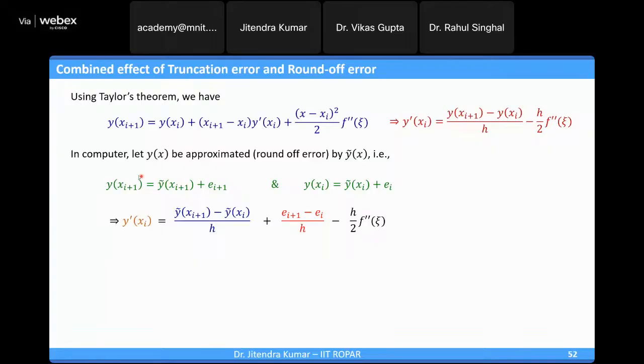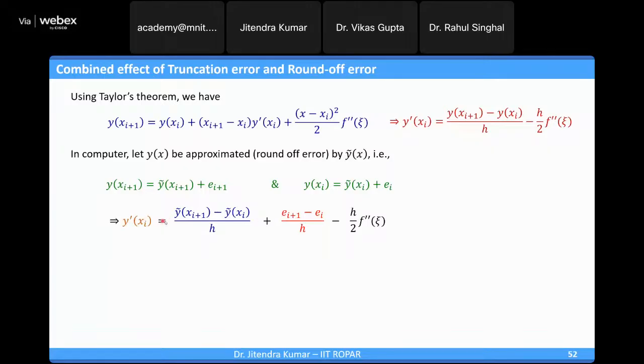You substitute this y and y here in your formula. So you are coming with this plus this with e's, and some local truncation error. So your derivative is equal to this number which your computer will give.